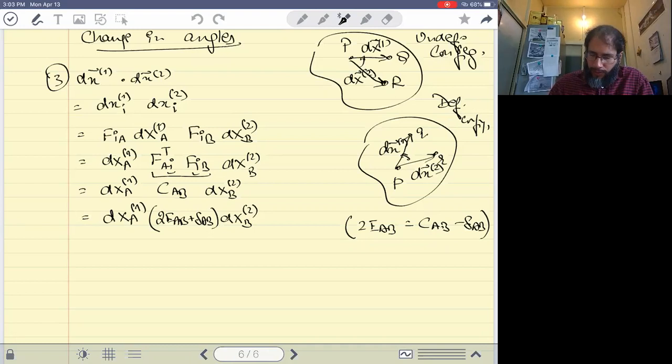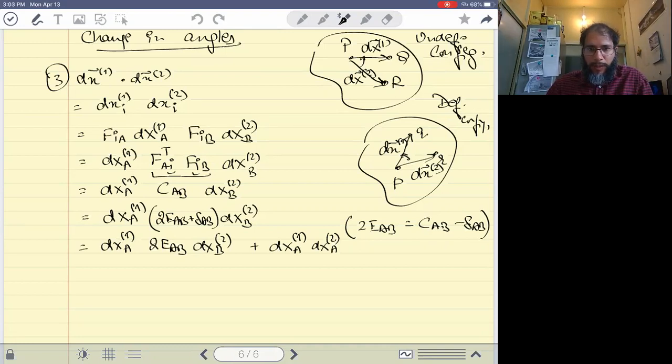So now I can expand this. So this is the first term, and this is the second term after we apply the substitution property of Kronecker delta.